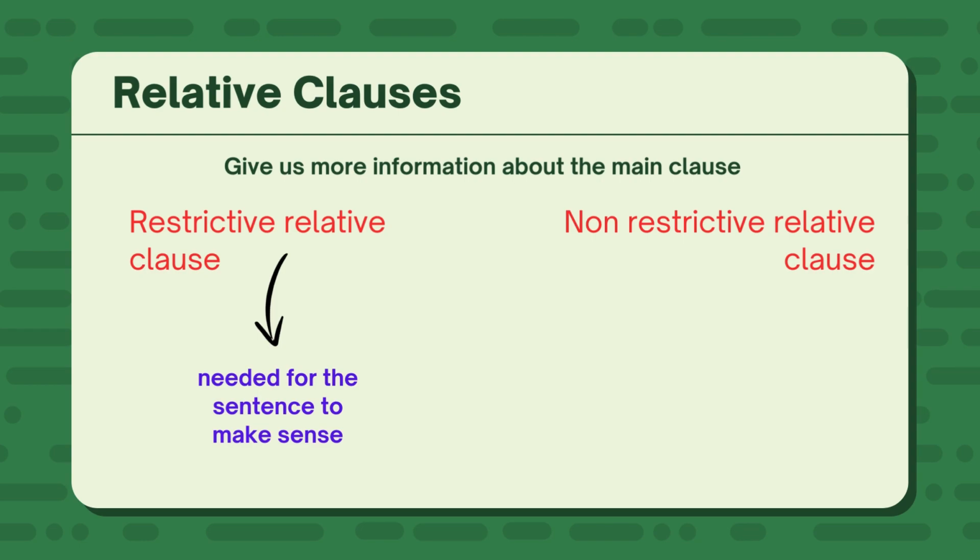A non-restrictive clause is giving us extra information, but the sentence would still make sense if this clause wasn't there. Whew, that was a lot. Let's break this down with lots of examples so that it makes more sense.